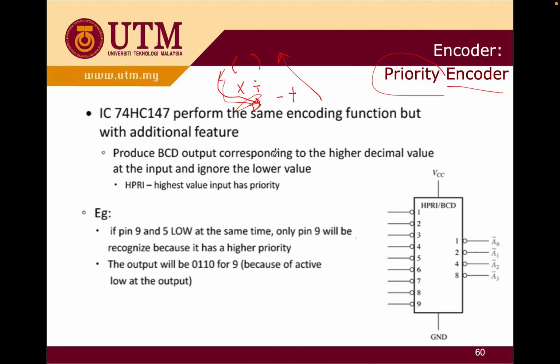It produces the BCD code corresponding to the high decimal value at the input and ignores the low value. See this one. So you're going to pick the much higher one. If pin 9 and 5 are high at the same time, only pin 9 will be recognized because it has higher priority. The highest value input has priority.